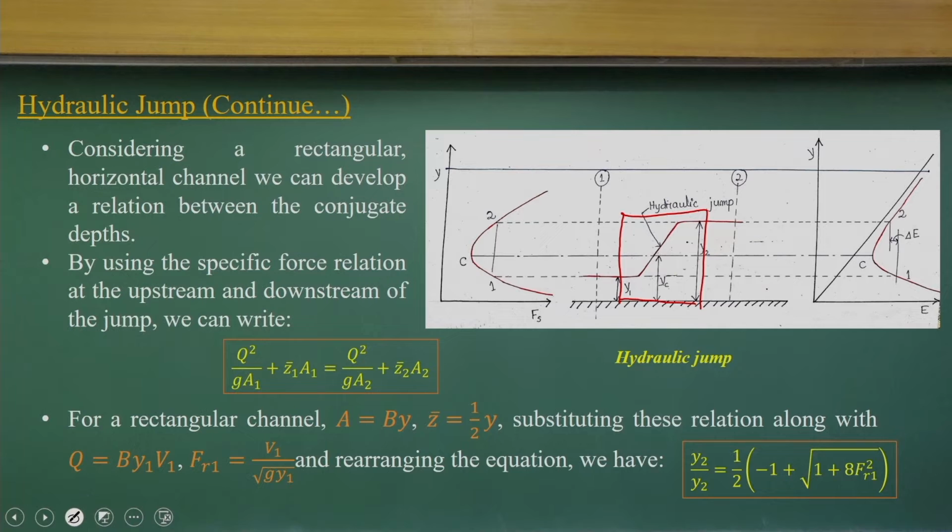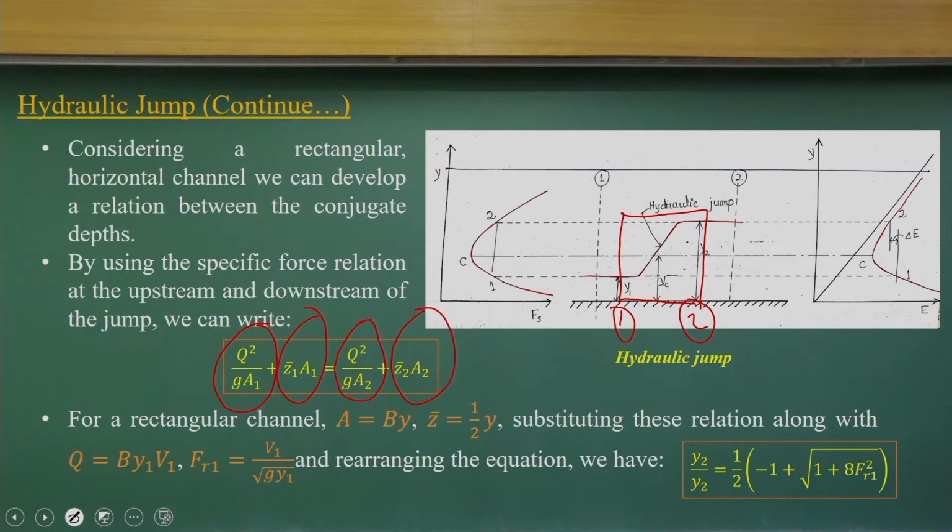If I look at this, the momentum flux component is due to the hydrostatic pressure distribution at section A. That will be equal to the force component per unit weight due to the hydrostatic pressure distributions at the two locations.